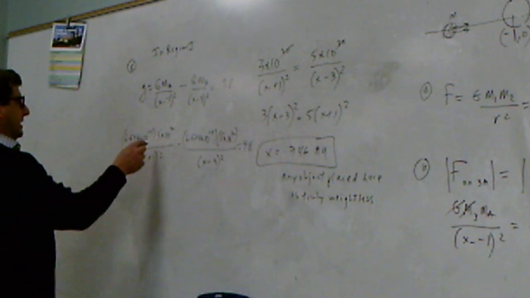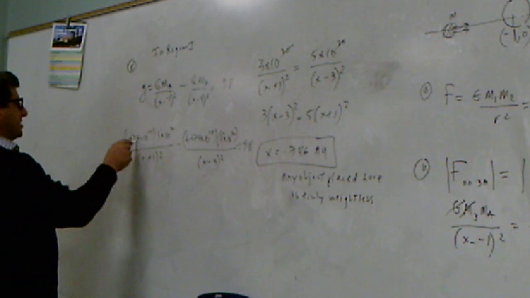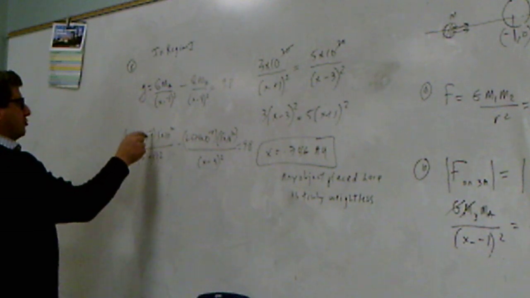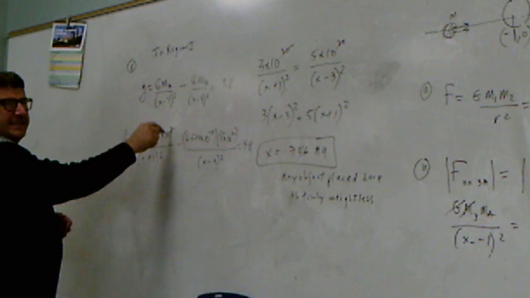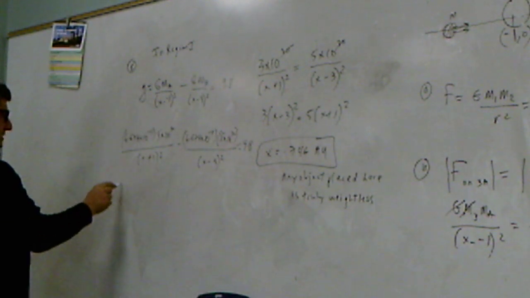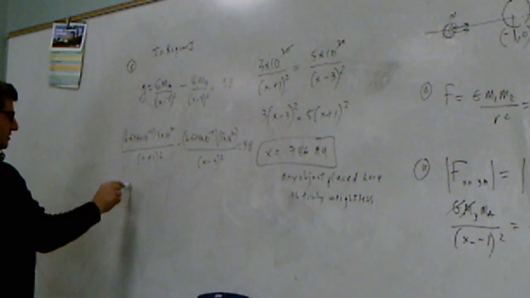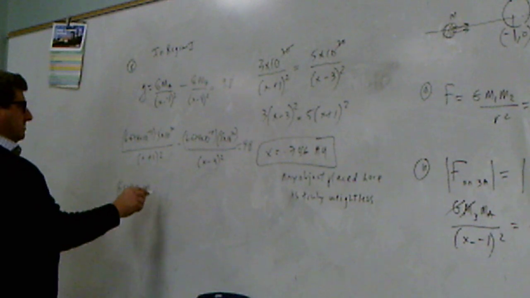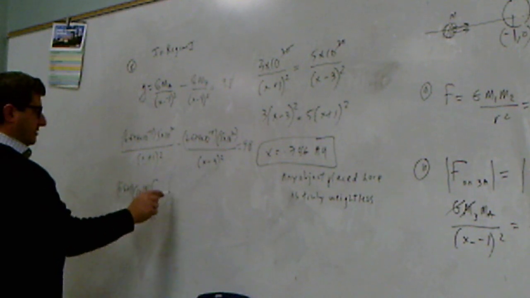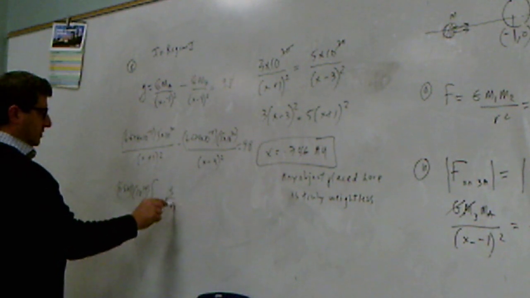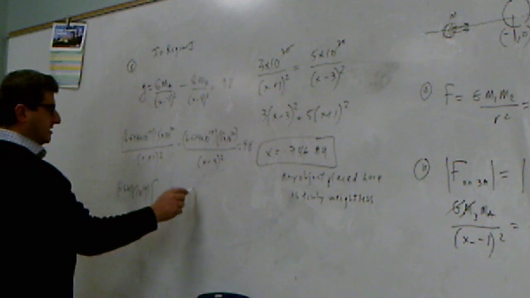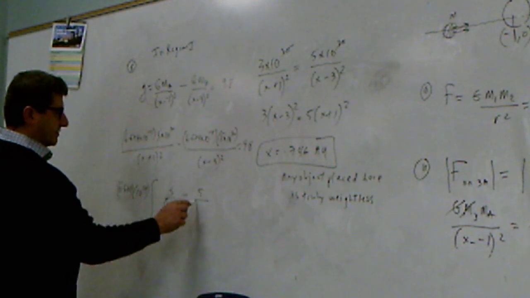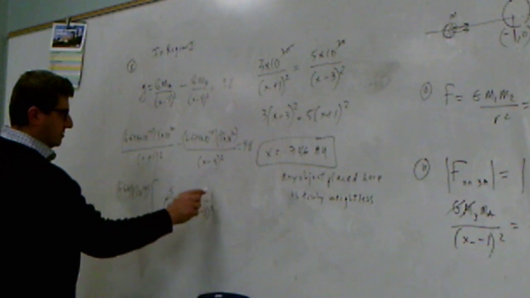Right? And then you're going to have here 6.674 times 10 to the minus 11. That's going to be 10 to the 19th. So actually, I can factor that out. 6.674, 10 to the 19th, right? And then I have 3 over x plus 1 squared minus 5 over x minus 3 squared.